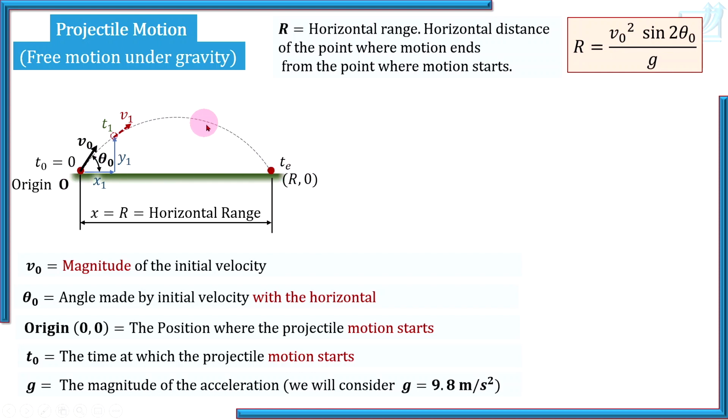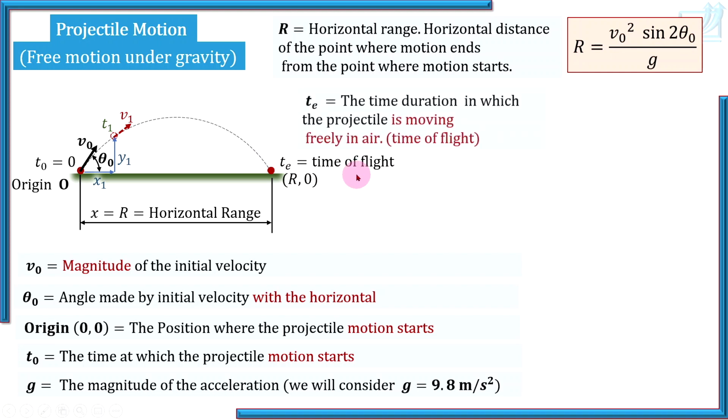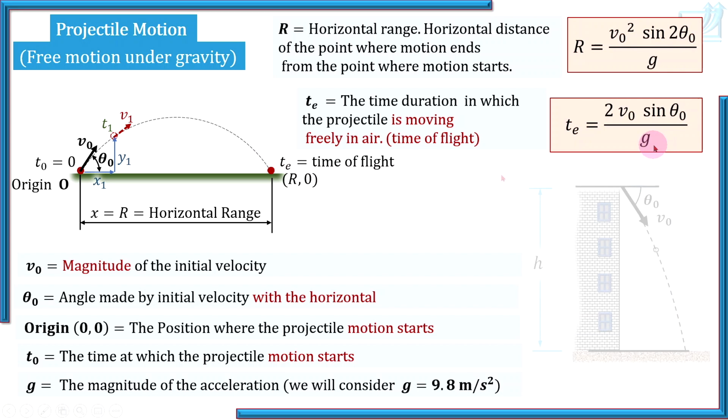So throughout this time duration te, the particle is moving in air. So this time duration is the time of flight, the time duration in which the projectile is moving freely in air, and it is given by this formula. Time of flight is 2 v0 sine theta 0 divided by g.